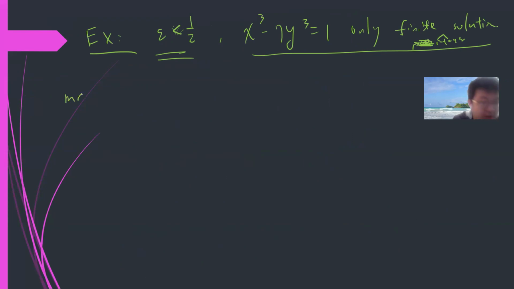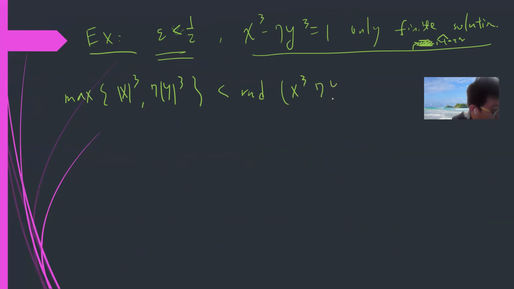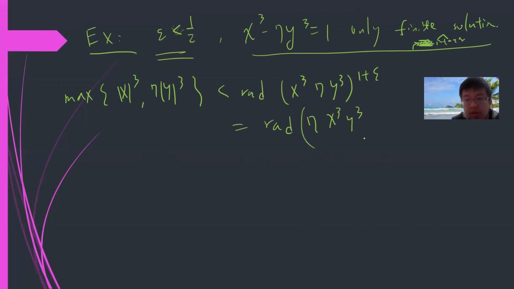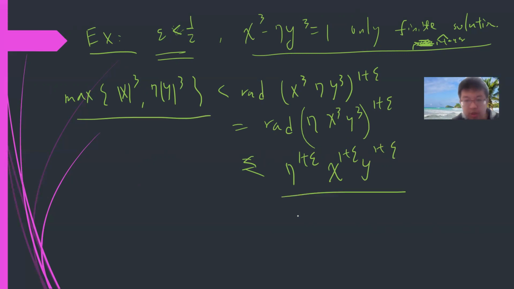Okay, so I can make it max, like say x cubed, 7y cubed, well less than the radical of x cubed 7y cubed to the 1 plus epsilon. Okay, so this radical is the radical of 7x cubed y cubed, right? I'm writing the same thing. So this is 7 to the 1 plus epsilon times x to the 1 plus epsilon times y to the 1 plus epsilon. Okay, so I got this inequality.